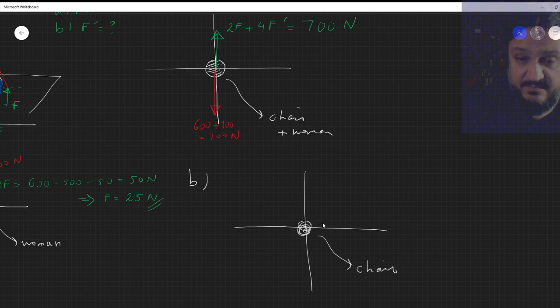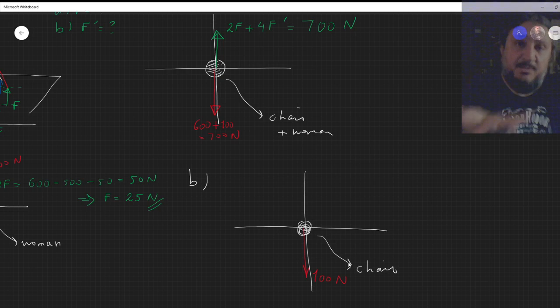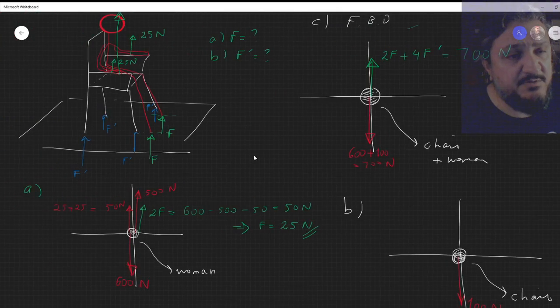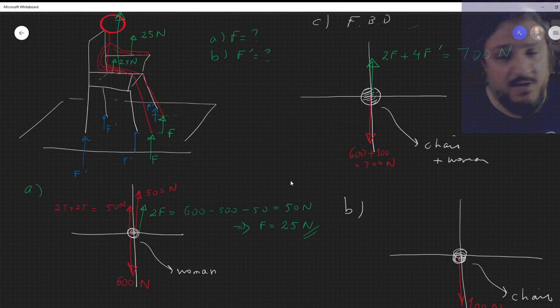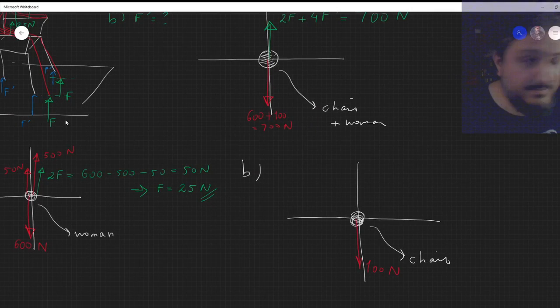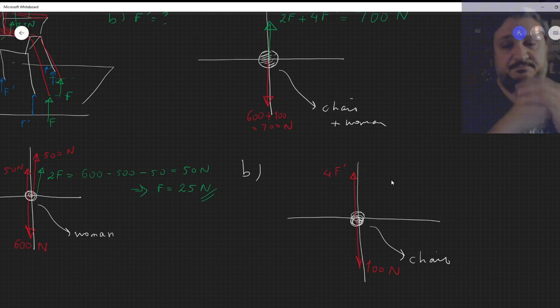I have the weight of the chair. This was 100 newtons. It's always downward. And then I have the floor pushing it up, a normal force in a way. Those are what I called F primes. And I have 4 of them. So I'm just going to write here 4 F primes. It's pushing it up.